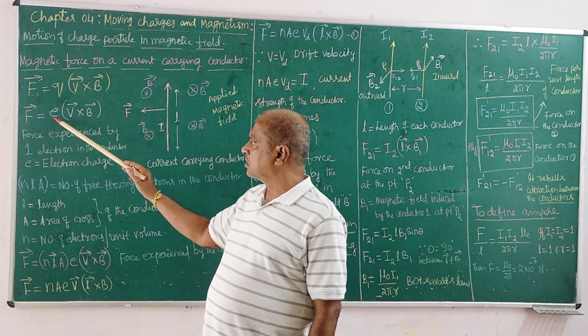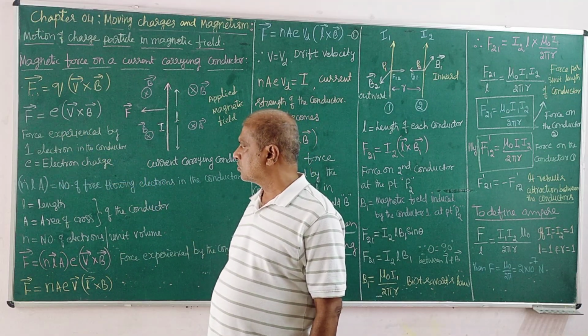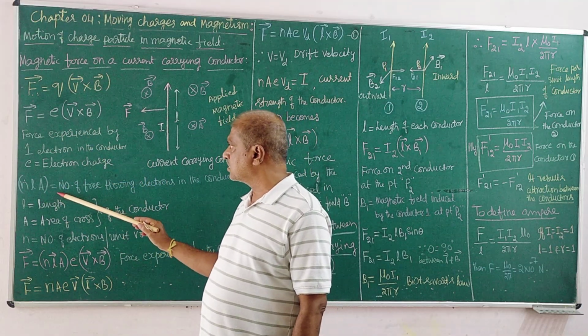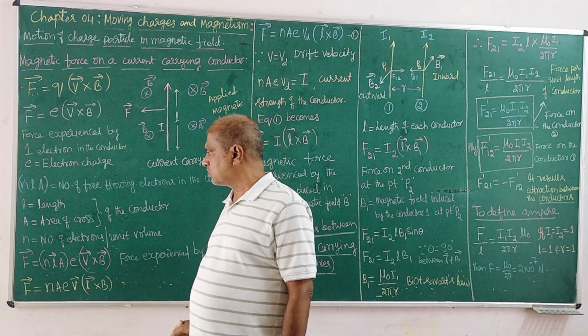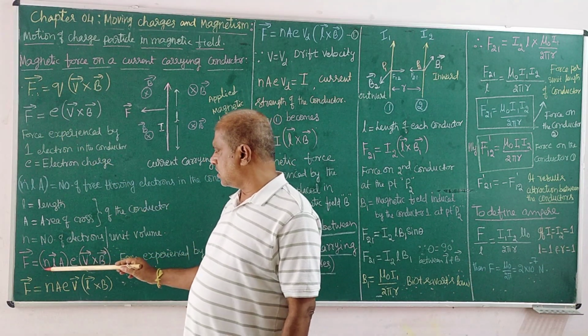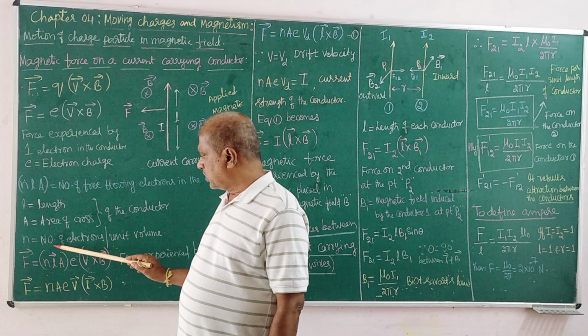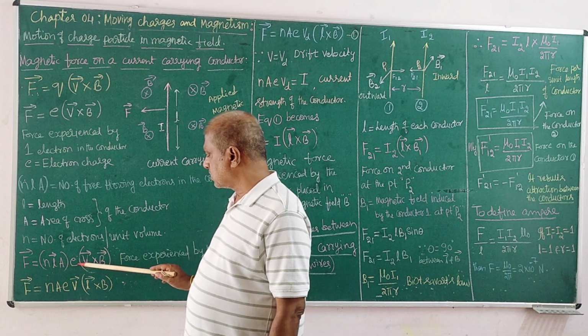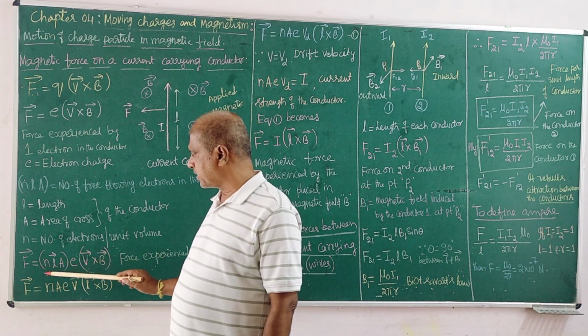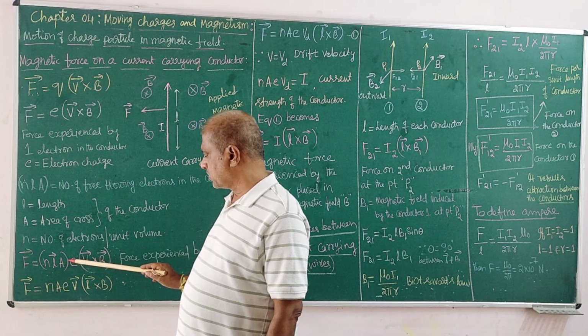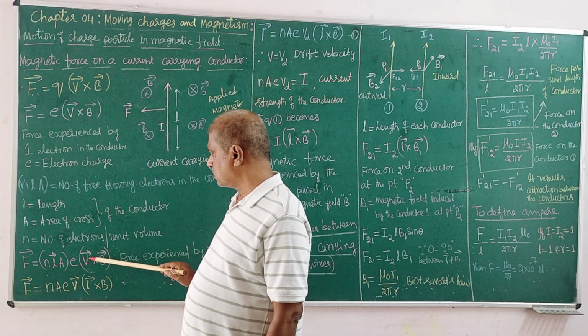For one electron, this is the force. For this number of electrons, what would be the force? It is the total charge moving in the conductor, this is one into this.